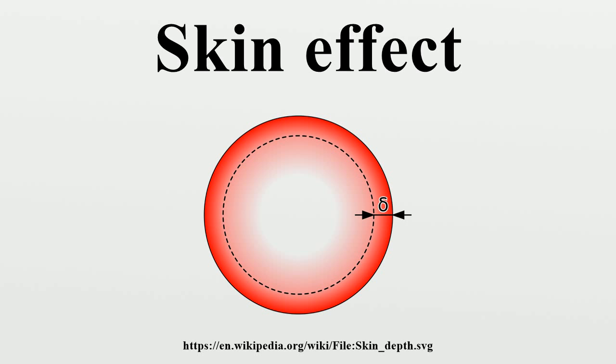Regardless of the driving force, the current density is found to be greatest at the conductor's surface, with a reduced magnitude deeper in the conductor. That decline in current density is known as the skin effect, and the skin depth is a measure of the depth at which the current density falls to 1/e of its value near the surface. Over 98% of the current will flow within a layer 4 times the skin depth from the surface.